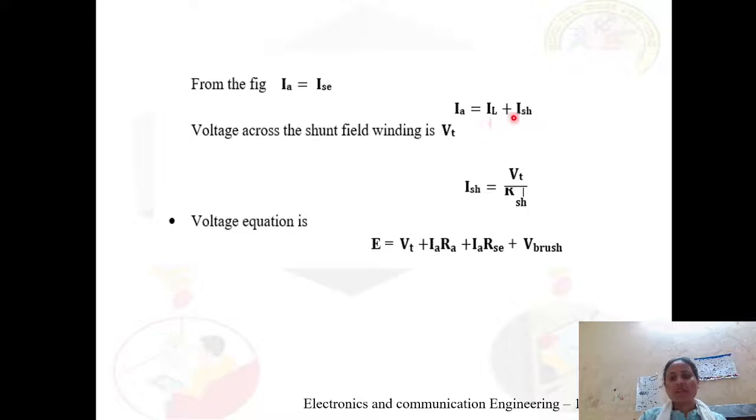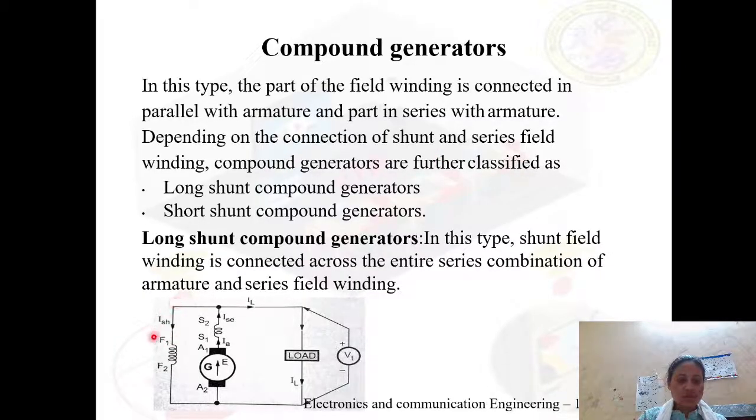Okay, IL plus ISH, and here, the voltage across this parallel field winding and this load will be the same. Therefore, we can calculate this parallel field winding resistance by making use of the terminal voltage Vt and the ISH value.